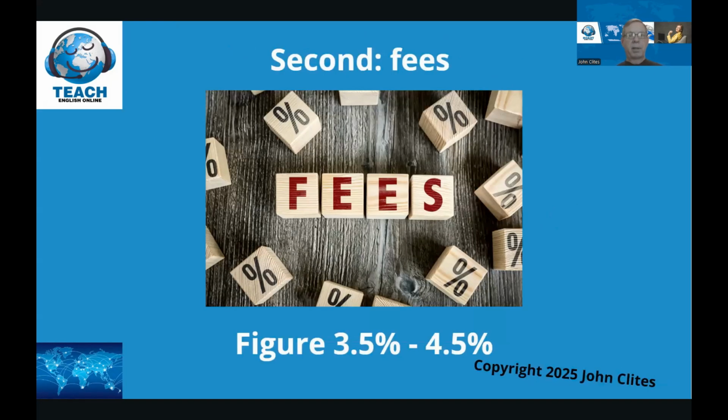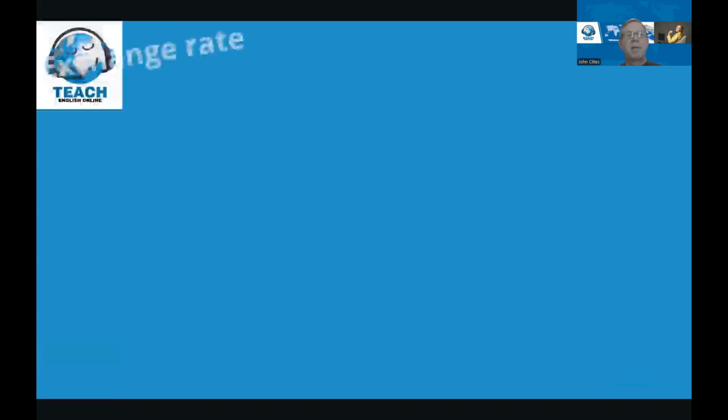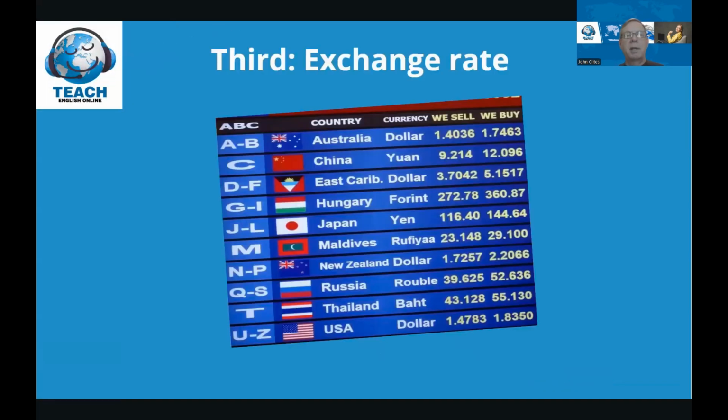Second are the fees. Although PayPal and Stripe are popular, they're established, they've been around a while, their fees are relatively high, somewhere in the range of 3.5% to 4% for each of them. They're pretty much equal. It's not a lot of money, but why would you pay it if you don't have to? Now, the final consideration, and it's not a big deal, is the exchange rate.